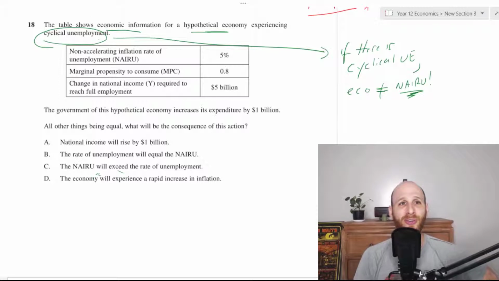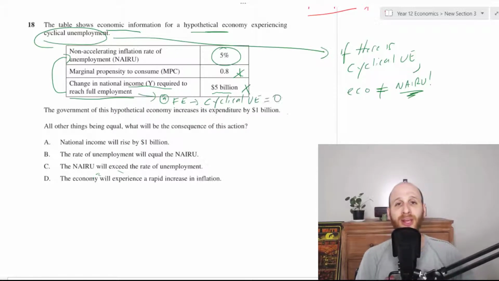So now I've got things here. The NSW is at 5% unemployment. The economy is not there. MPC is 0.8. Change in Y required to reach full employment is $5 billion. Full employment, being the NSW, because remember, at full employment, cyclical unemployment equals 0.